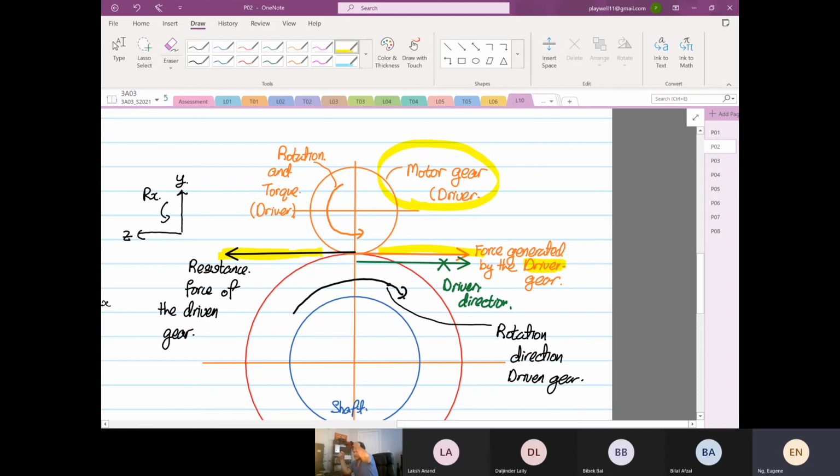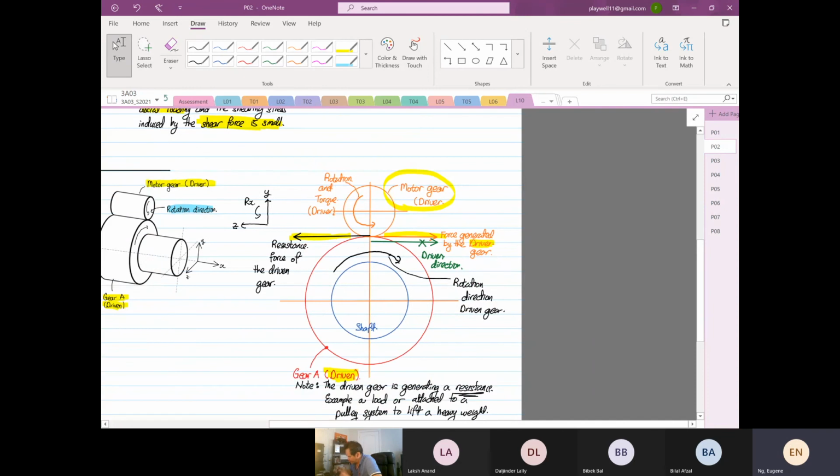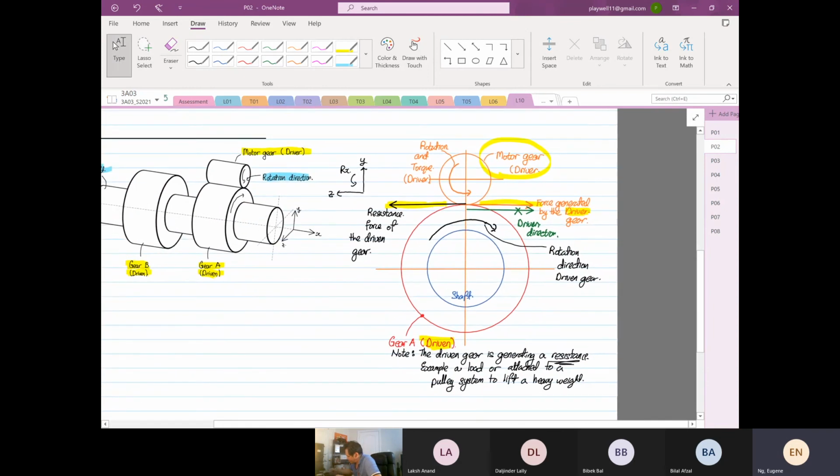That does not make sense, it would mean the driver and the driven are helping one another, so you have more power. No, it always resists. We get confused because we look at the rotation, thinking they are rotating the same way. It's not relative to the rotation, it's relative to the force which generates the torque. That's the key feature over here.